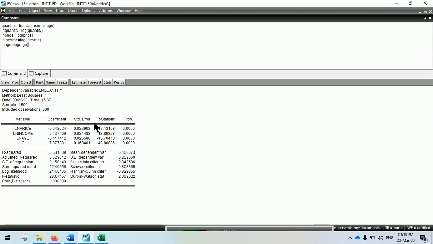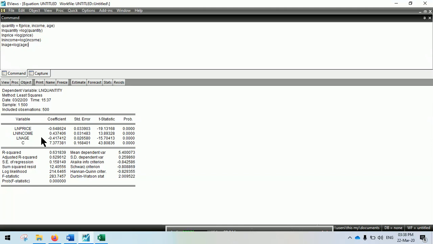And I say that a 1% increase in income leads quantity demanded to increase by 0.43%. And a 1% increase in age leads the quantity demanded to decrease by 0.41%. So it is very easy to calculate.